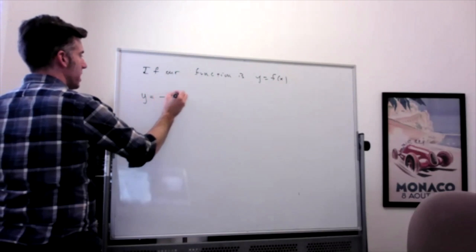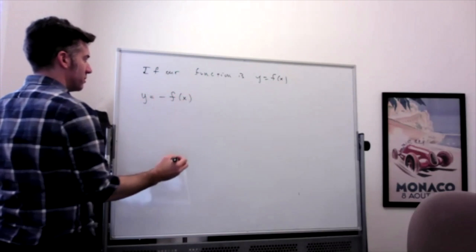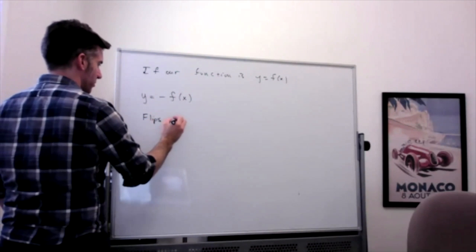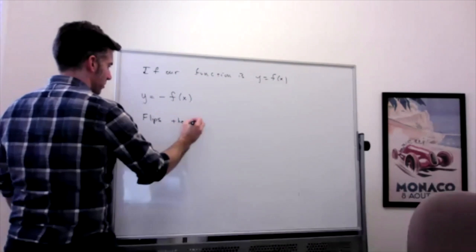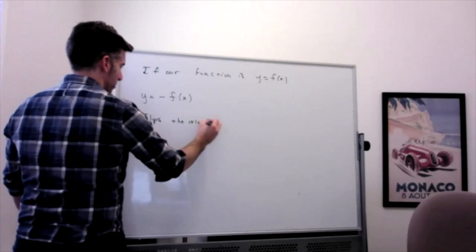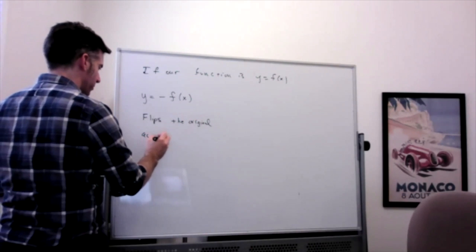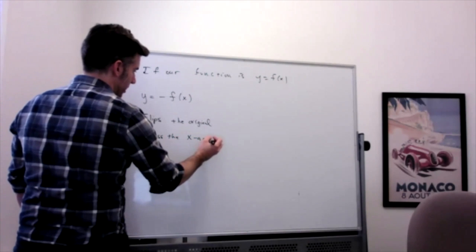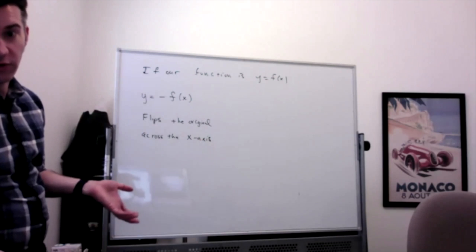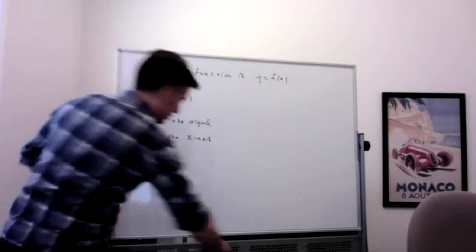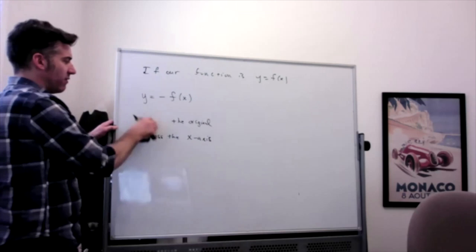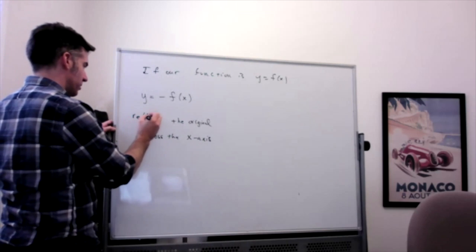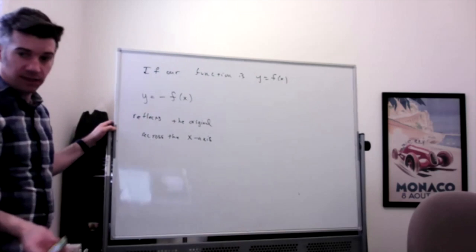Y equal to negative f of x flips the original function across the x-axis. And I say flip, the more mathematical term is reflects. So this negative outside reflects the original across the x-axis.